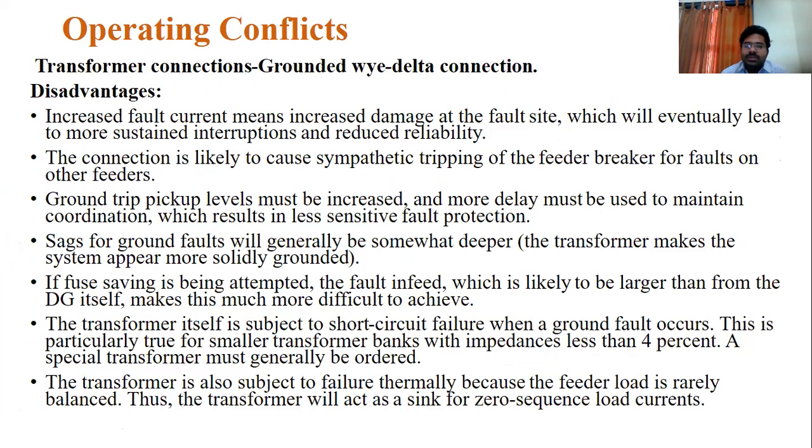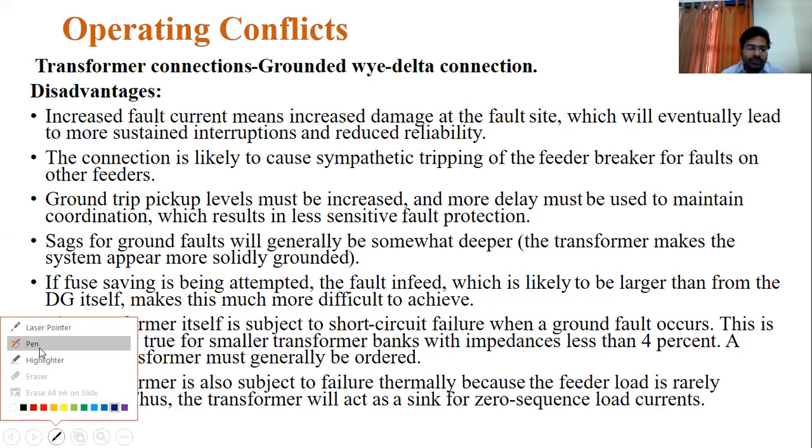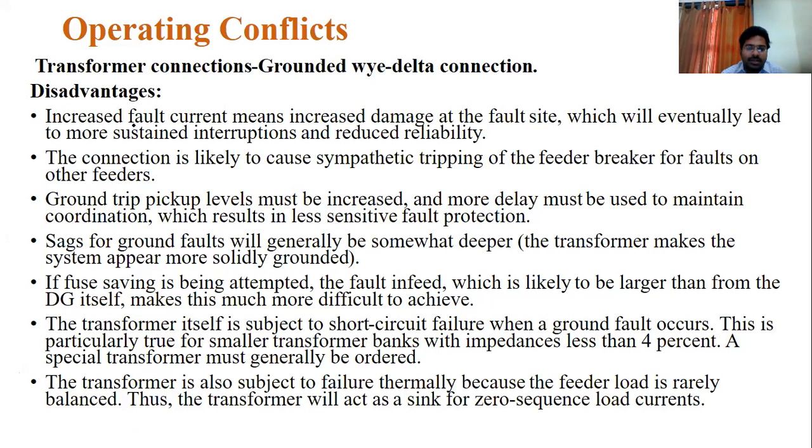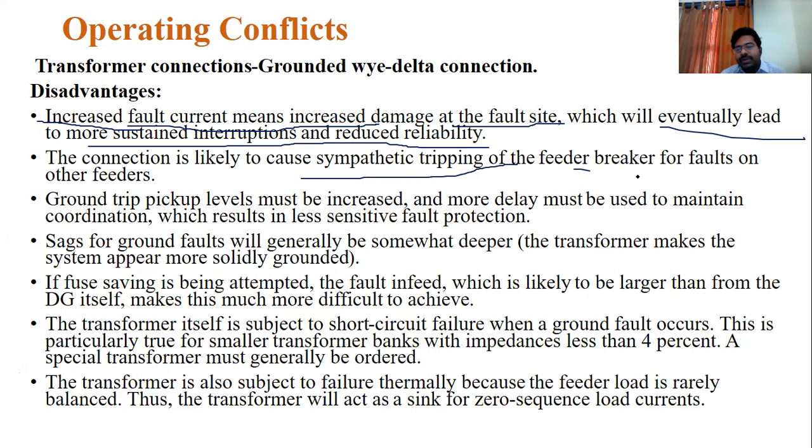So because of this connection, it can increase the fault current. At that point, it will lead to interruption and reduce the reliability. At the same time, because of this increase in fault current, it may cause tripping of the feeder breaker and the other feeders.